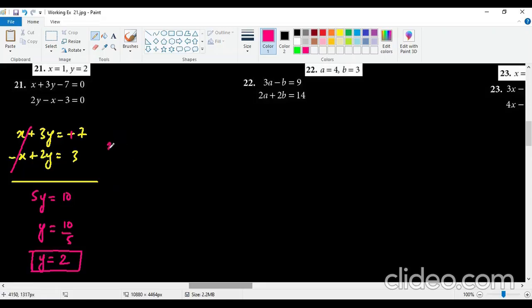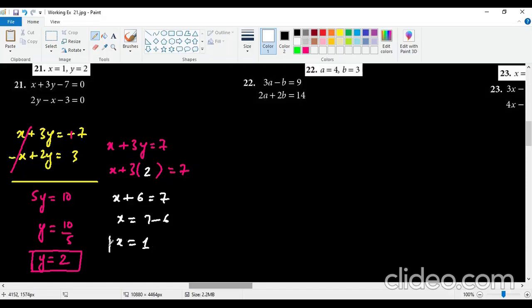Now finding out the value of x, x plus 3y equals 7. So x plus 3, the value of y is 2, and x plus 6 equals 7. x is equal to 7 minus 6. So x will be equal to 1. This is the value of x and y.